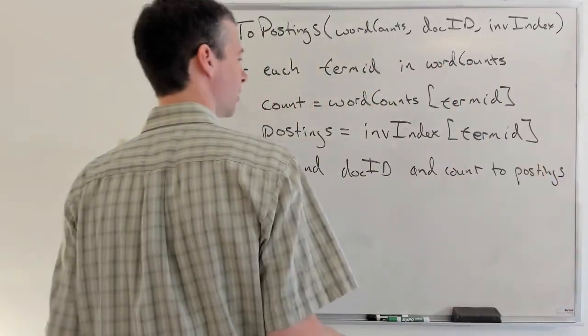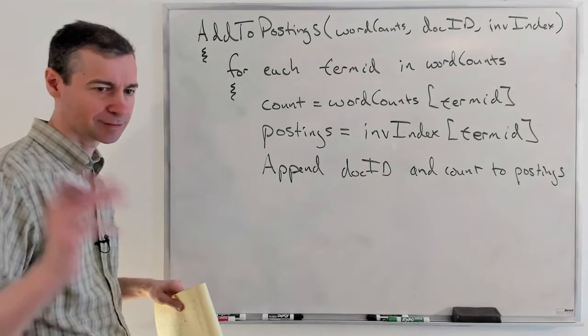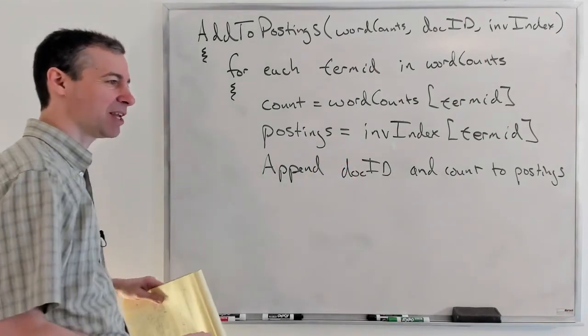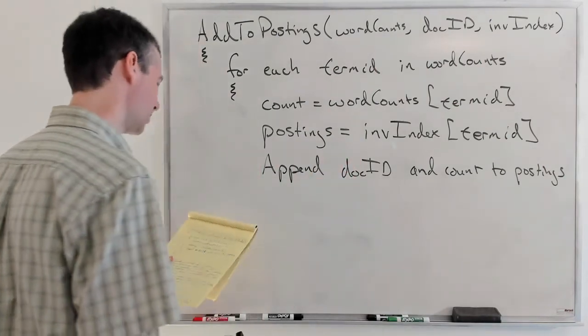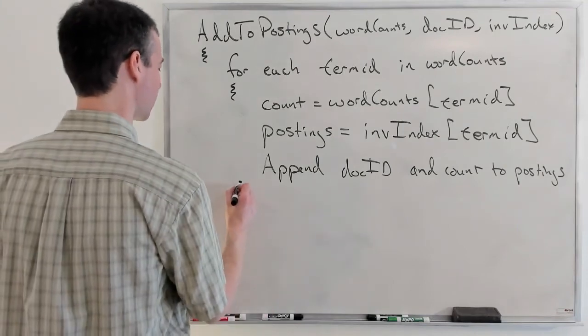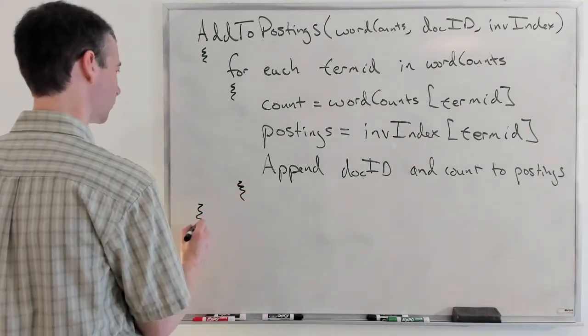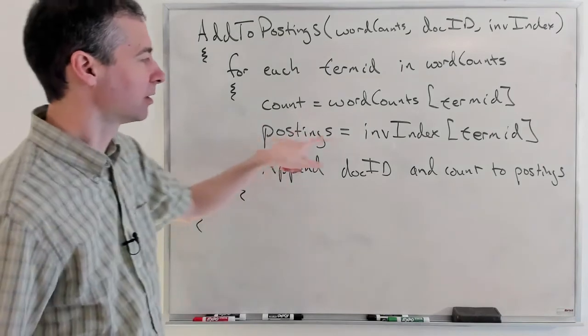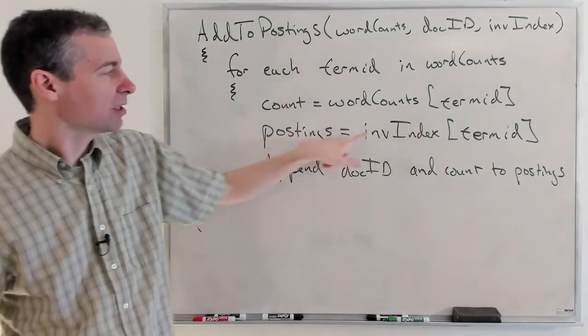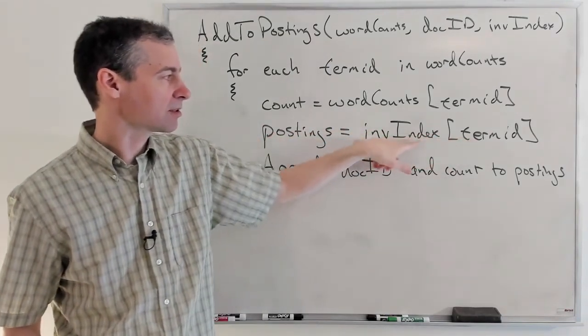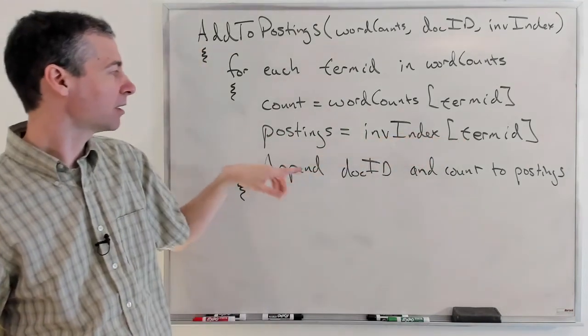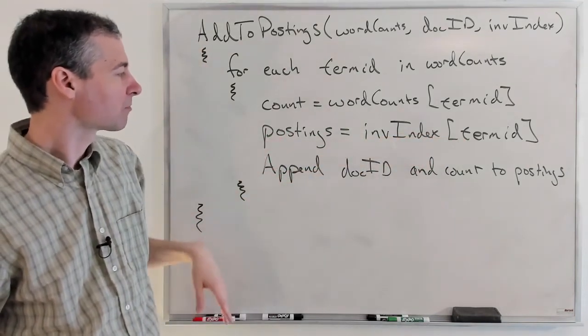I don't know how you're going to do that, but it's not hard. You're just appending two integers to an array or to a list, and then you're done. So again, some logic is actually hidden here such that if the inverted index hasn't seen the term ID yet, it's going to need to allocate a new postings list for that term.